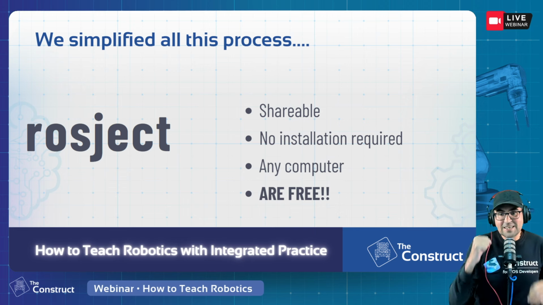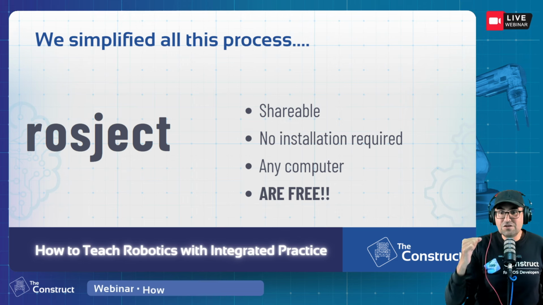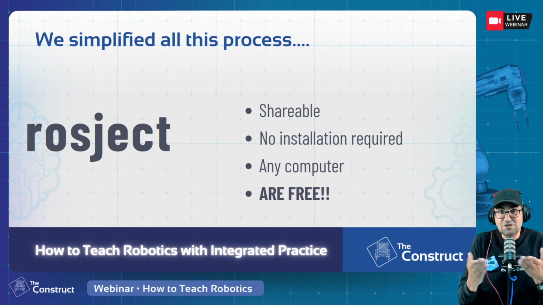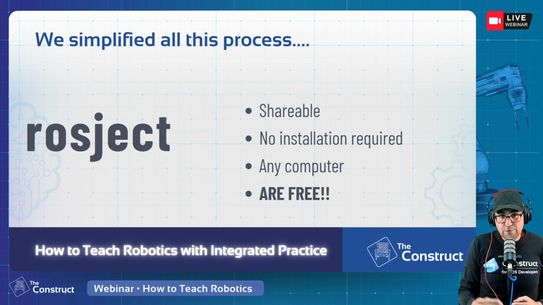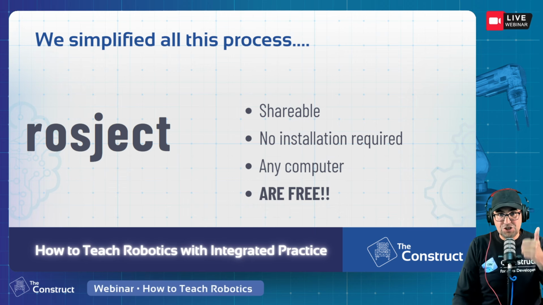Because it's executed in the cloud, not on the students' computer, they can use any type of computer for executing your code, your project, your lesson. And of course, they are free. So you can create ROSjects and provide them for free. So it's shareable, it doesn't require any installation, it can work on any computer, and they are free.